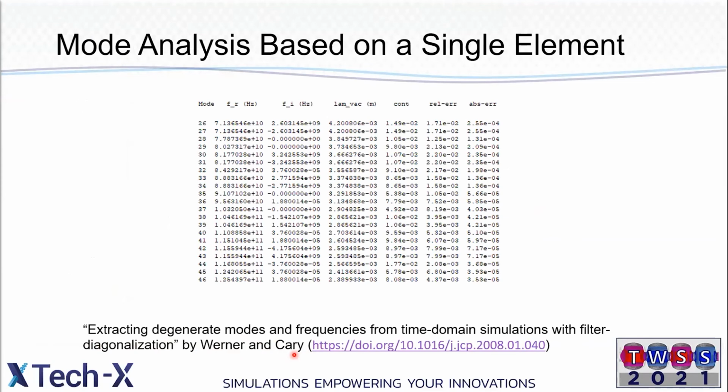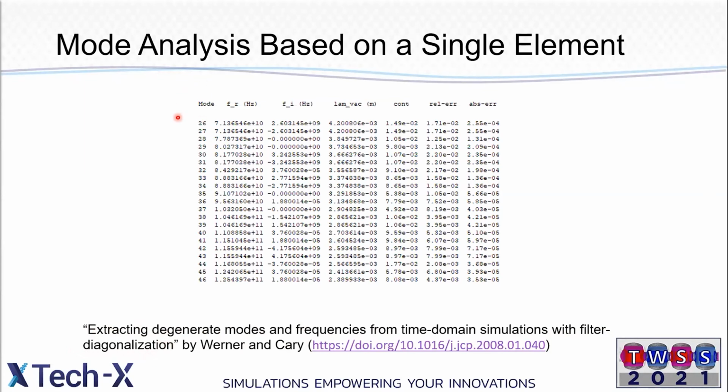If you can read Python, you can actually go directly into the original Python file and see what the function is actually doing. Alternatively, you can read this paper, which is published by TechX people, to talk about how this analyzer extracts modes and why it's reliable.